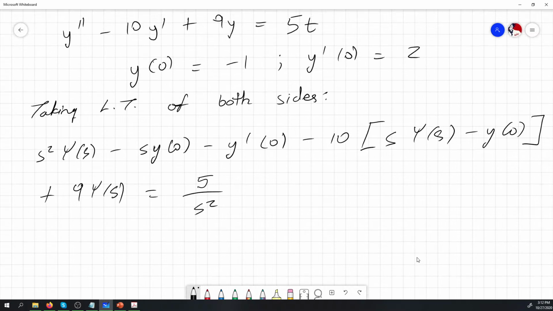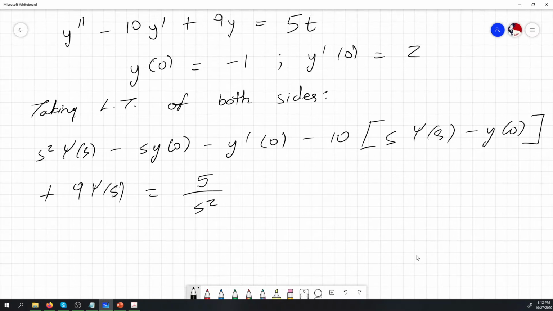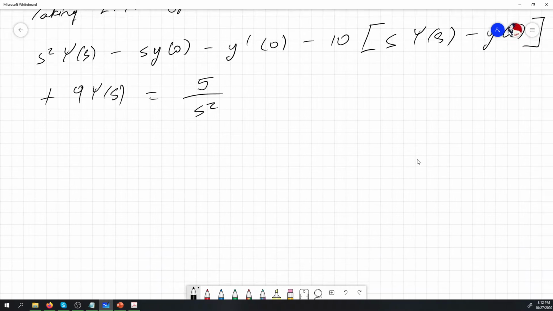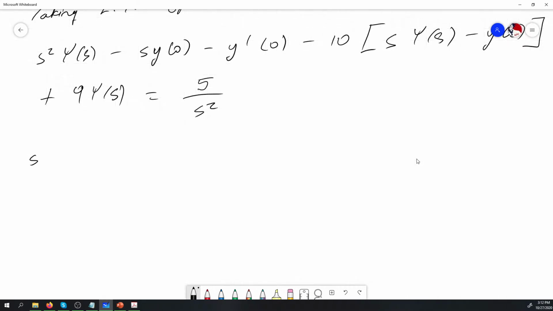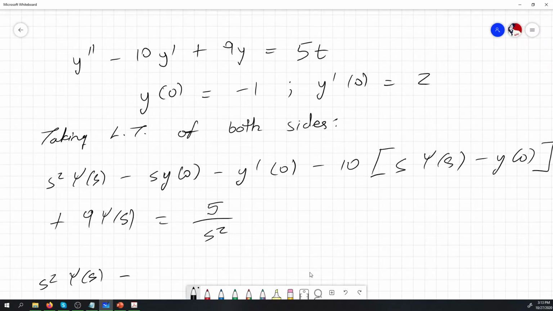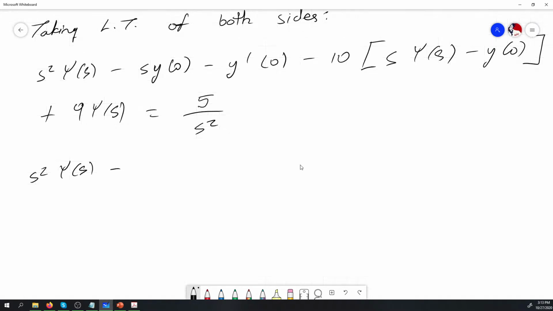We could substitute in y naught and y prime naught here. So we'll basically get s squared Y of s minus y naught, which was minus 1, so minus 1 times s now becomes positive s.